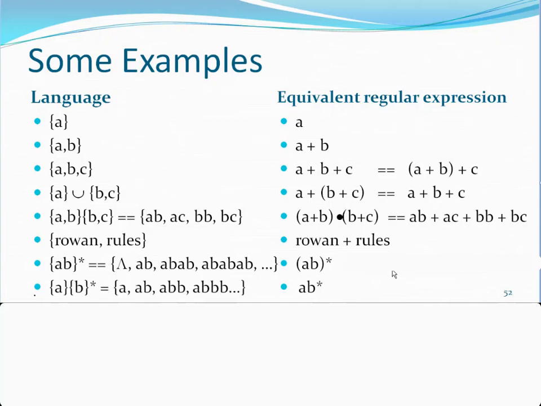So when we have AB star here, that is the same as the set containing A followed by the set containing B quantity starred. In other words, it's this language: an A and 0 B's, an A and 1 B, an A and 2 B's, and so on. So very important. Whether you're working with sets or with regular expressions, you're going to have to be able to tell the difference between these things.